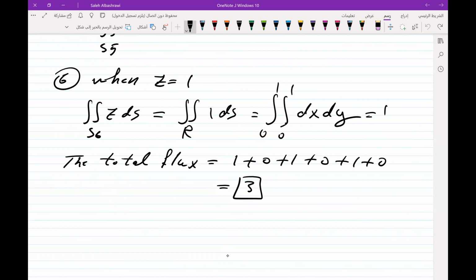So the flux of the given vector function x, y, z getting out of the unit cube is equal to 3. The idea is just to find the unit normal vector for each face, then apply the surface integral to find the flux for each one, then find the total for all of these values. That will give me the total flux getting out of the unit cube.